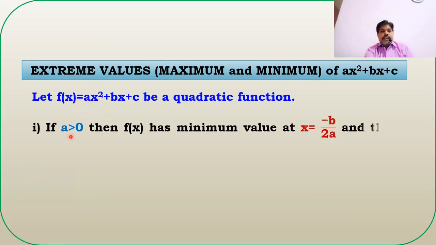What is the x square coefficient? If the x square coefficient is a, if a is greater than 0, then f of x has a minimum value.